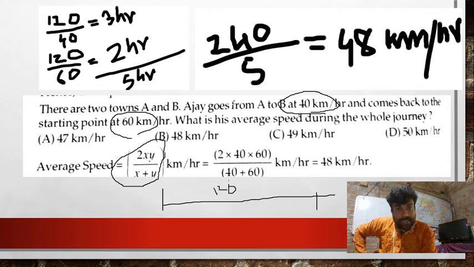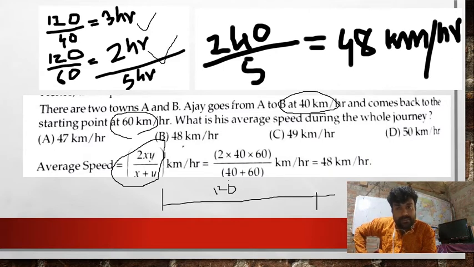At 40 kilometer per hour, the time taken is 3 hours, and at 60 kilometer per hour, the time taken is 2 hours.